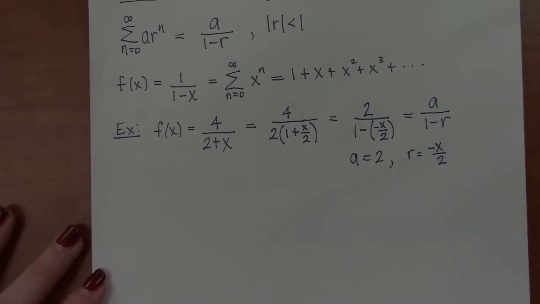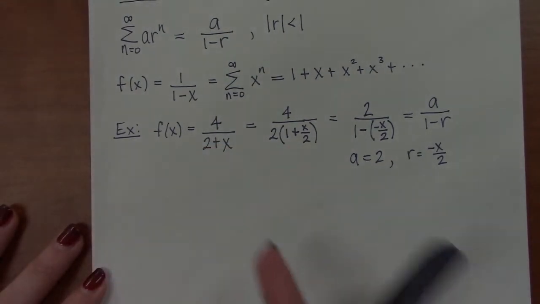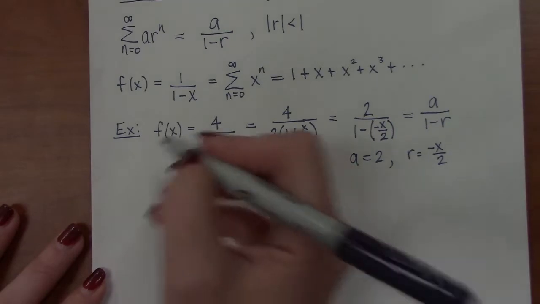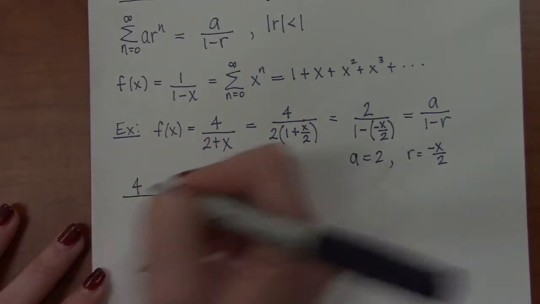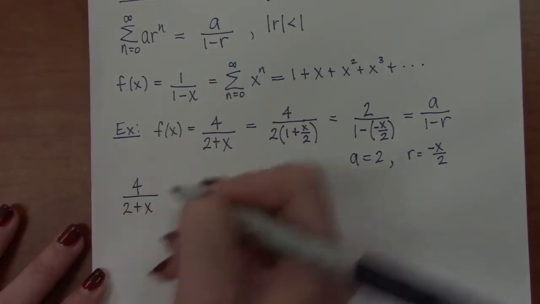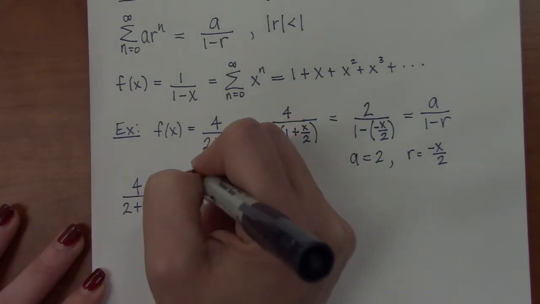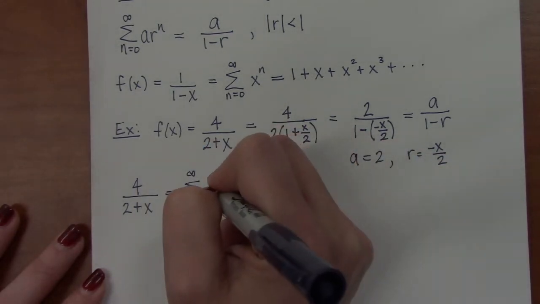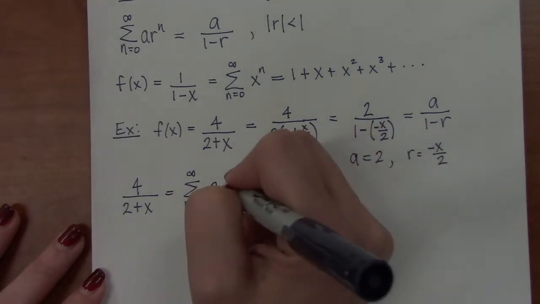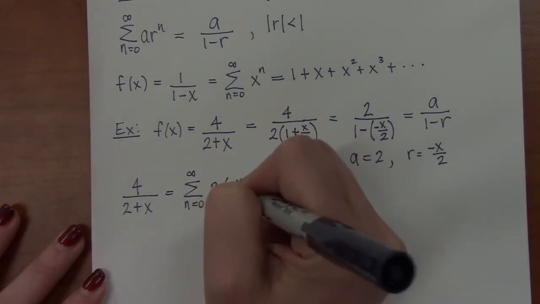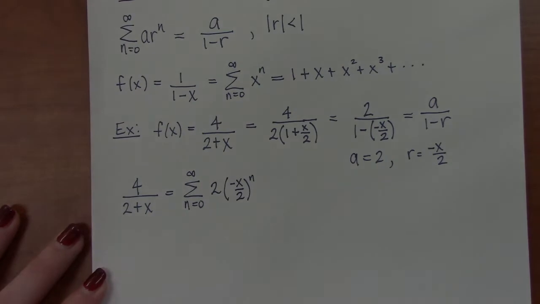If I want to write this as a geometric series, I'm not going to write 2 over this. I'm going to write my original function, 4 over 2 plus x, as the sum from 0 to infinity of a, which was 2, times r to the n.